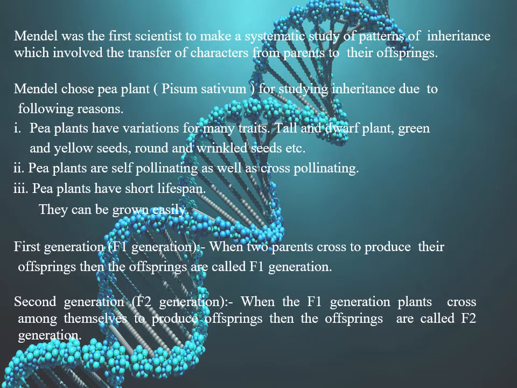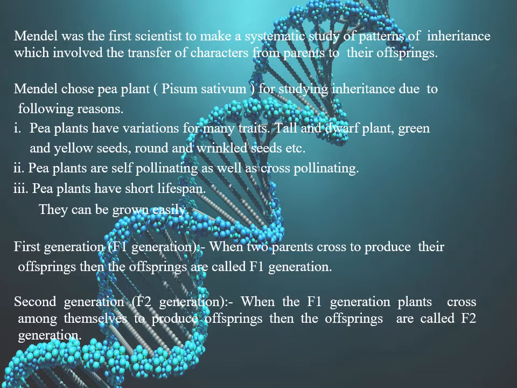Within a fair amount of time, many generations can be formed, and it is easy to grow. These are some of the factors that made Mendel choose the pea plant for studying inheritance.